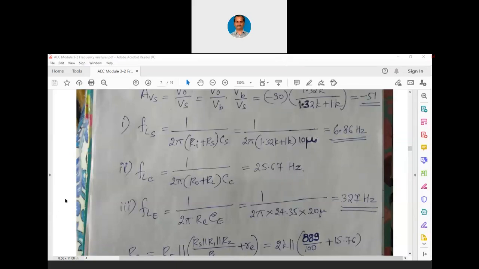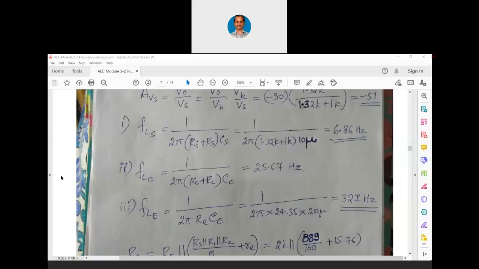So that way we can choose these capacitance values. In fact, by choosing the respective capacitance values, we can decide what cutoff frequency at the lower range we require. In fact, we can design an amplifier for a given gain, given input impedance, given output impedance.